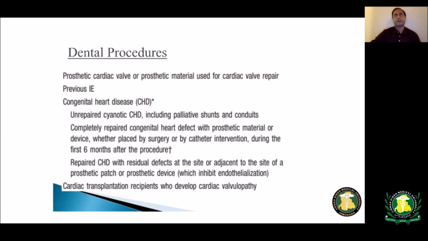If they have a history of valve replacement, or they have some kind of procedure in the heart which requires use of prosthetic material.